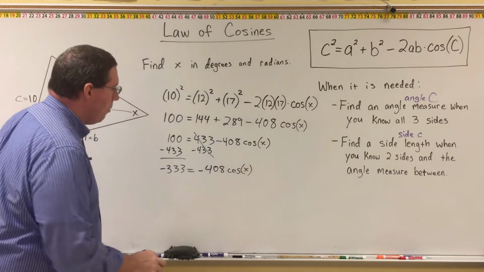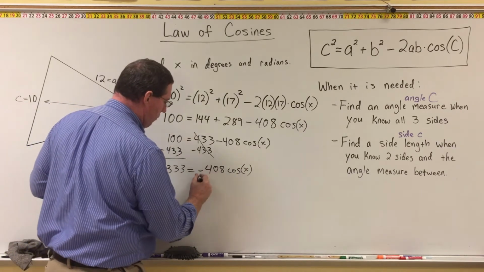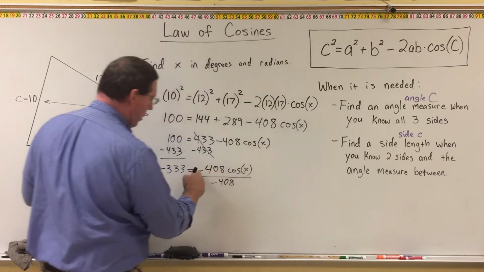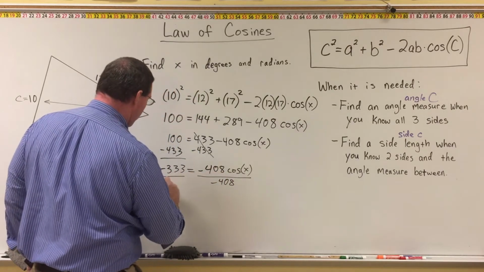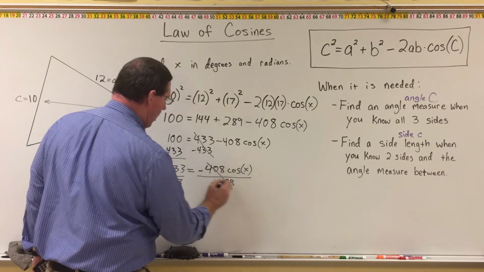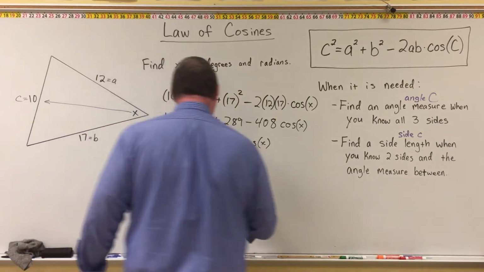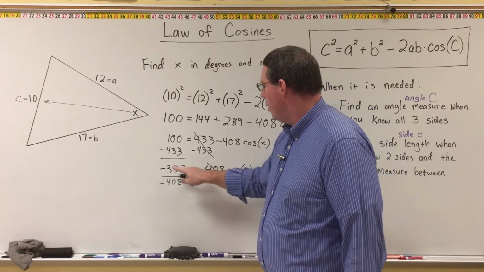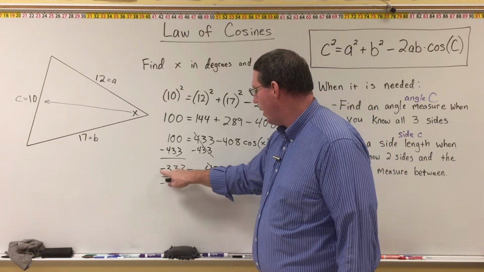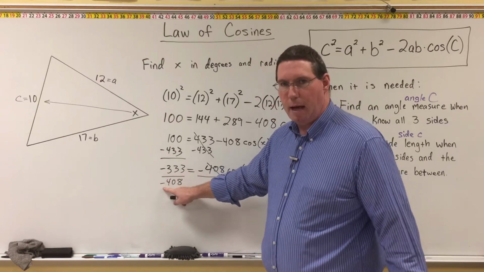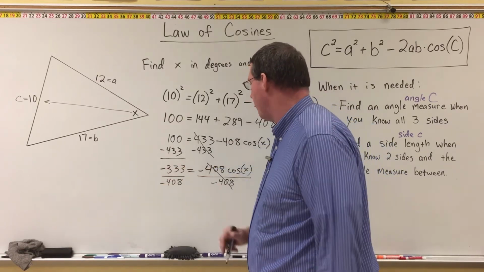Now we want to get the cosine of x by itself, so we're going to divide by negative 408. That's going to cancel this negative 408. Over here we'll also divide by negative 408. Now what we have is cosine of x is equal to 333 over 408. This negative over negative, those are going to cancel because a negative divided by a negative is a positive. So now we just have 333 over 408.